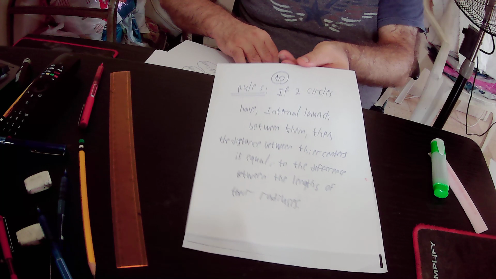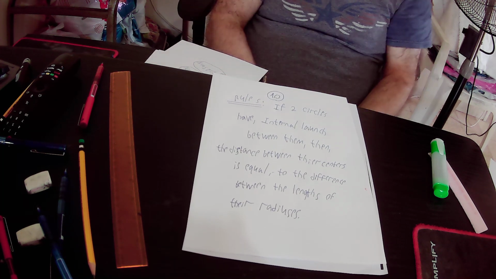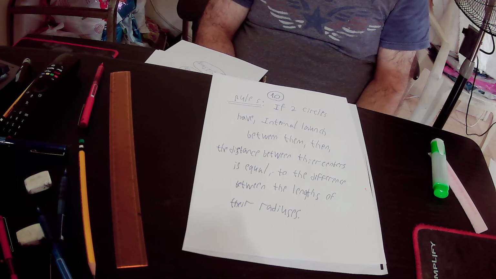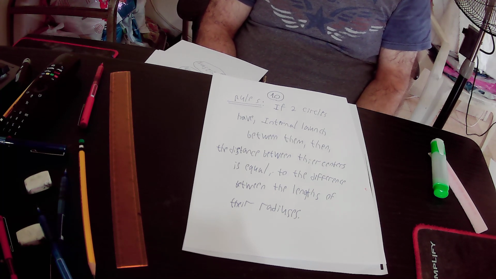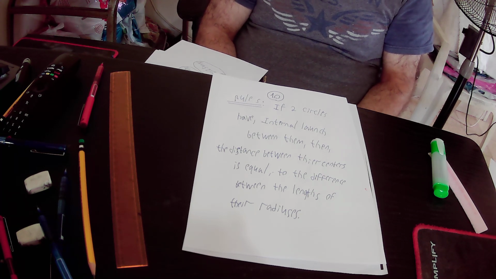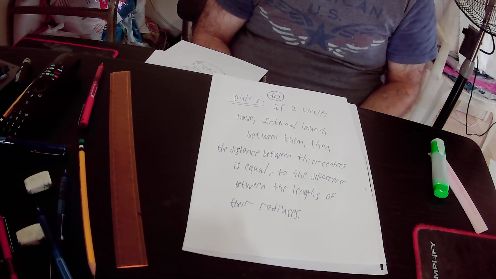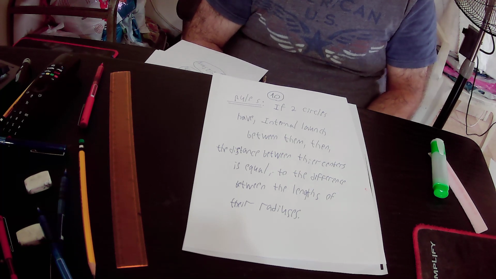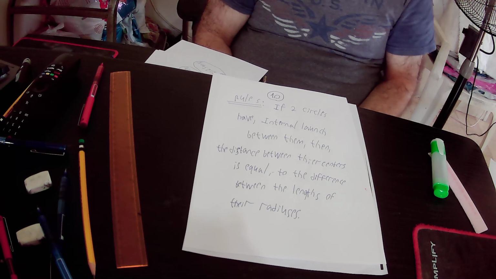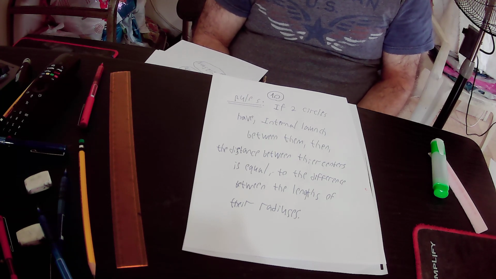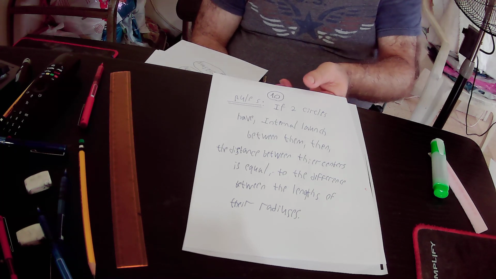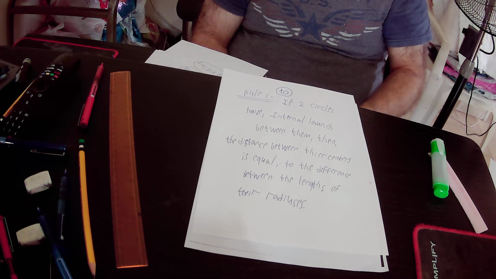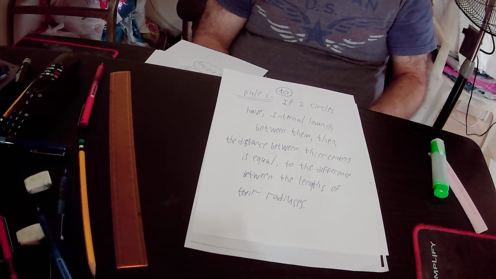According to rule number 5, if two circles touch each other internally, then the distance between their centers is equal to the difference between the lengths of their radii. So D equals R1 minus R2, where R1 and R2 are the radii of those circles and D is the distance between their centers.